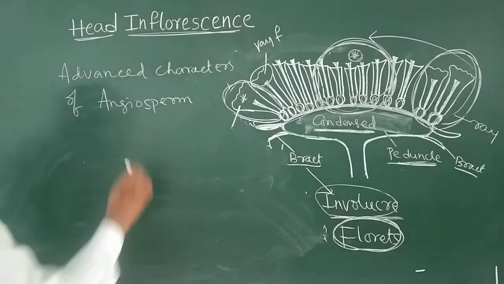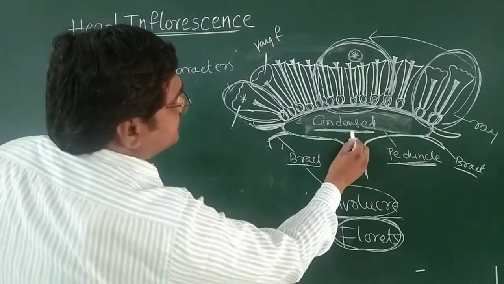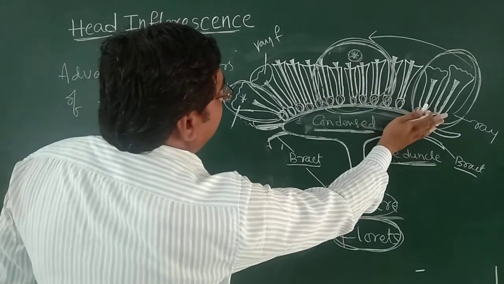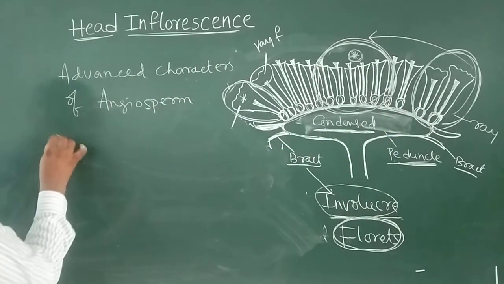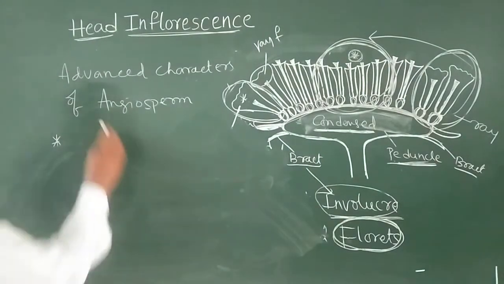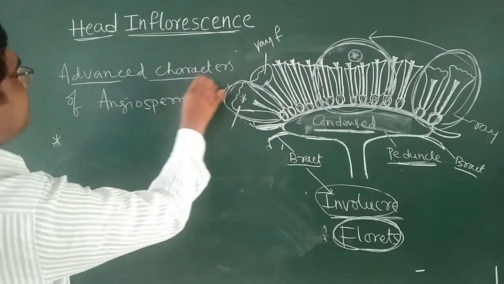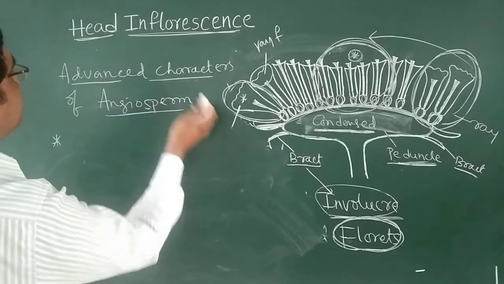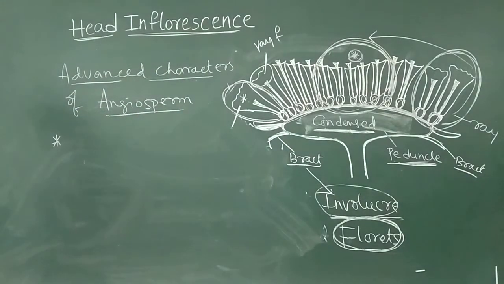In this head inflorescence the condensed peduncle is there. On the condensed peduncle, the different types of florets are present. That's why the head inflorescence is the advanced characteristic feature of the angiosperms.